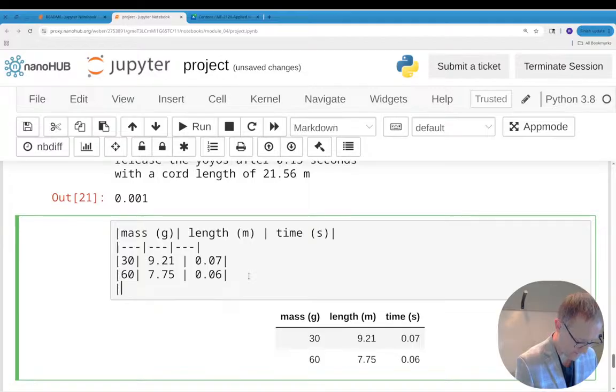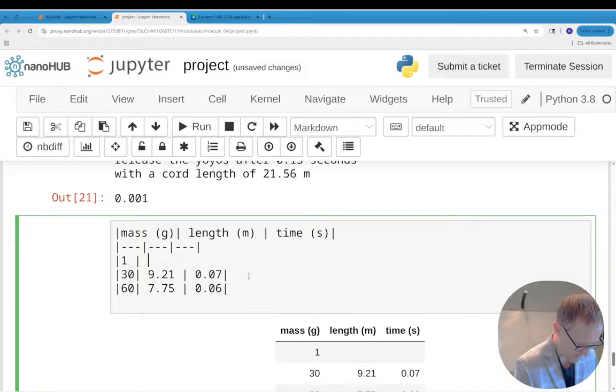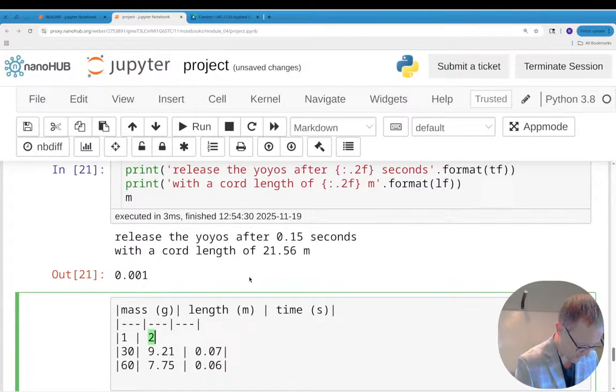And we'll add another row down here since we did more work. 1 gram, 21.56, 0.15 seconds.